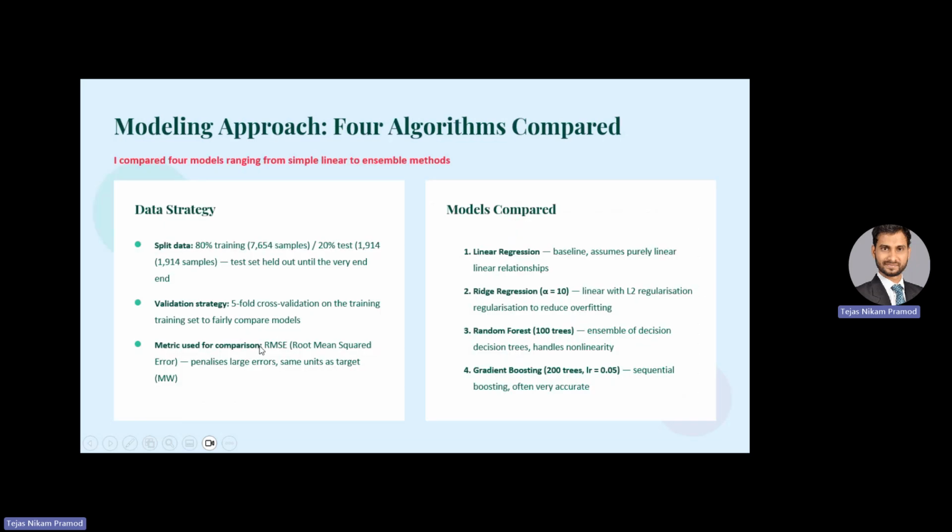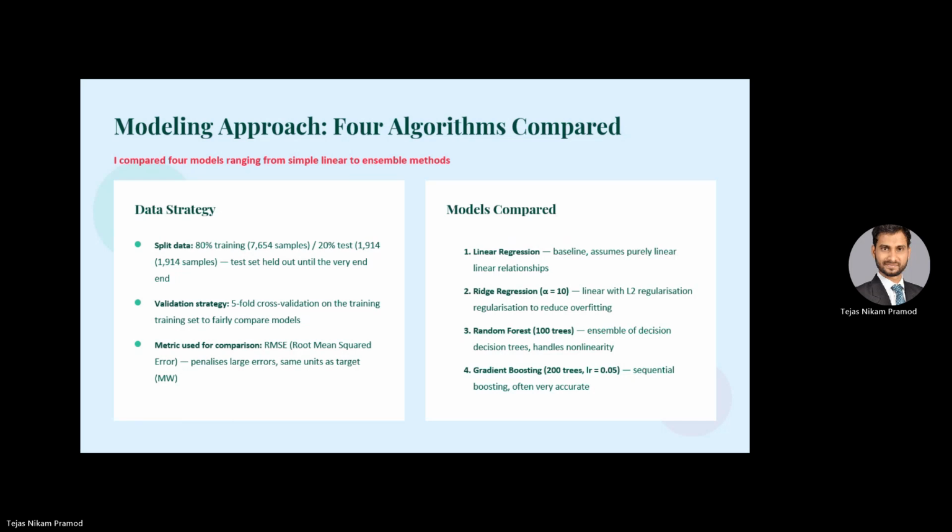The metric used for comparison is RMSE, which is root mean squared error. As we learned in our course, this penalizes large errors, and it is in the same units as the target, which is megawatts. The four models which we compared were linear regression, ridge regression, random forest, and gradient boosting.